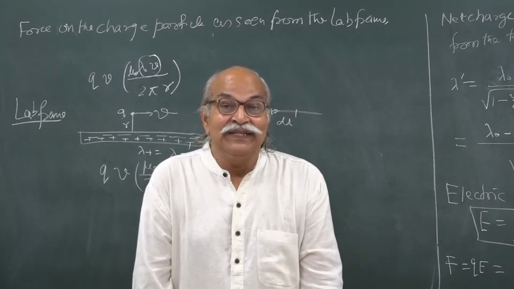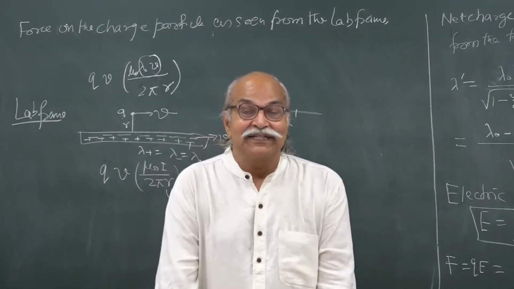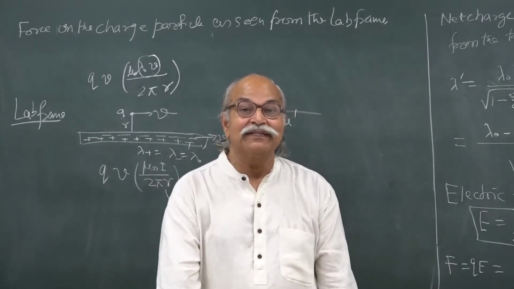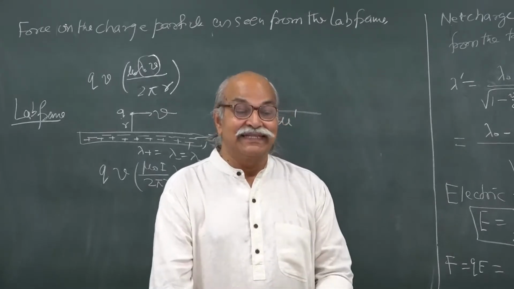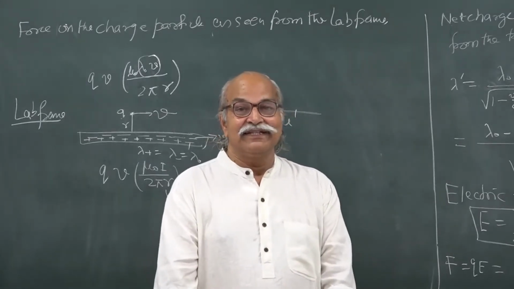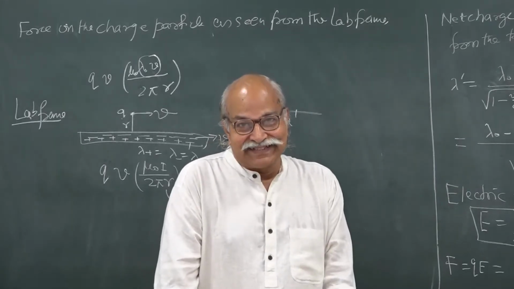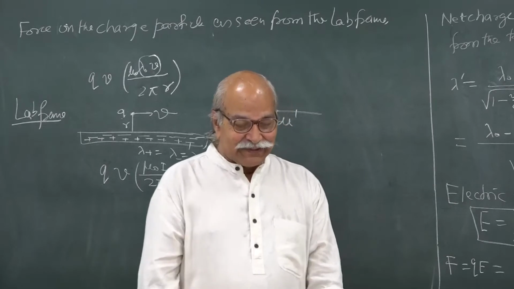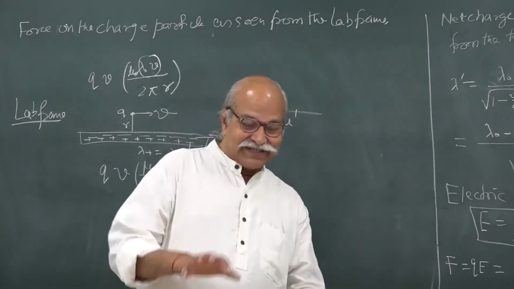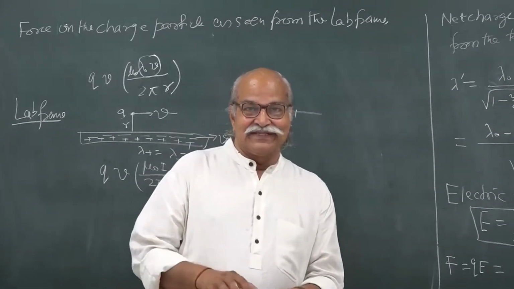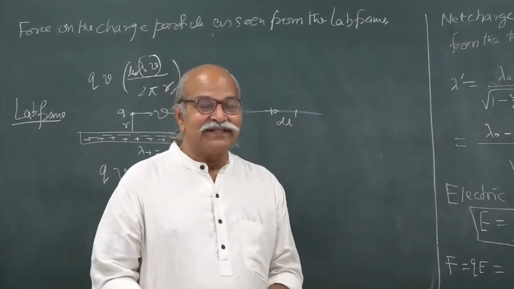If charges are moving, they must produce a magnetic field, and if they are producing a magnetic field, that means you are seeing the relativistic effects in normal lab conditions. All right. So, this much about the relation between relativity and magnetism.